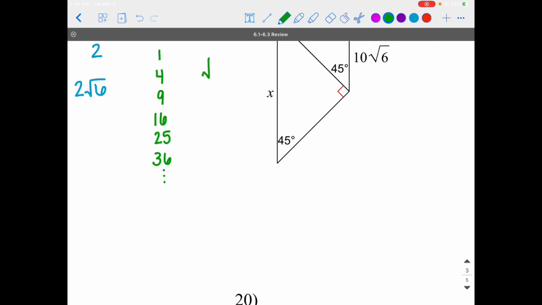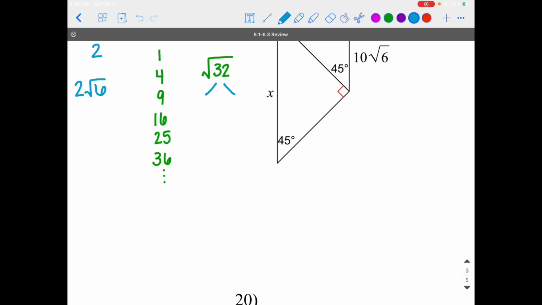When we're taking the square root of a number that is not a perfect square, and you go to type that in the calculator, you're going to get a decimal. So we simplify the radicals. The way we do this is we look for the largest perfect square that will go into 32.